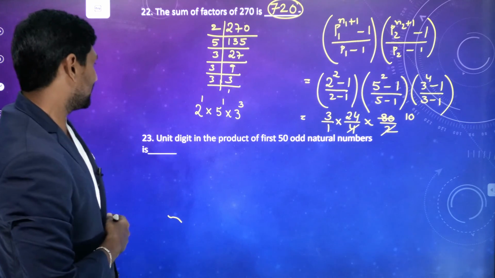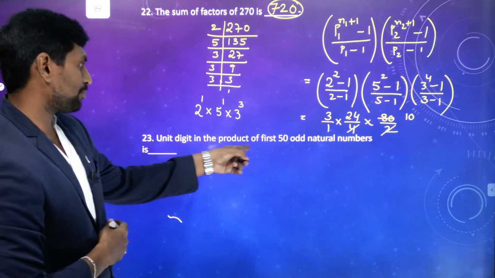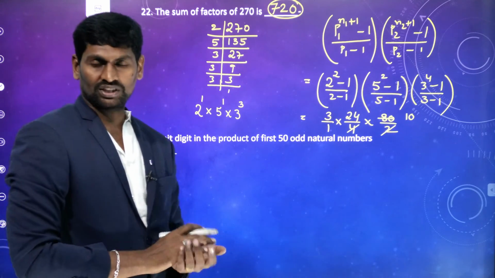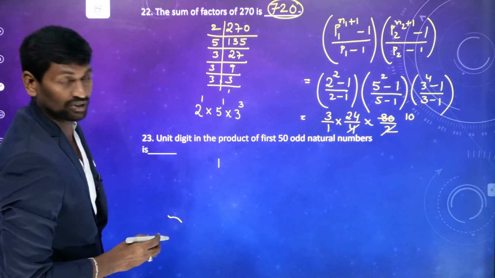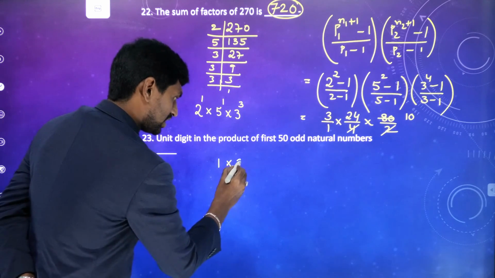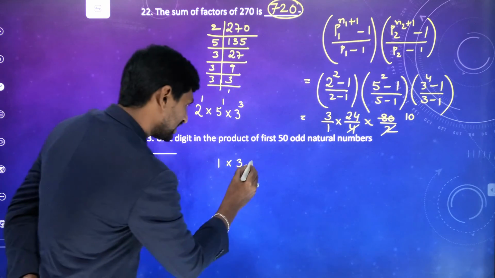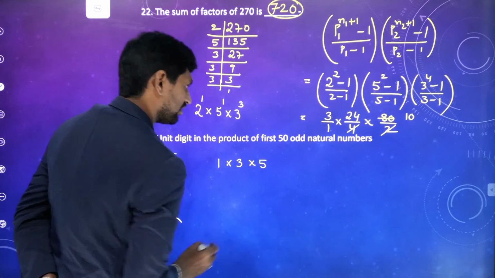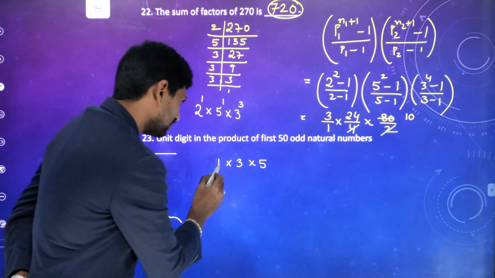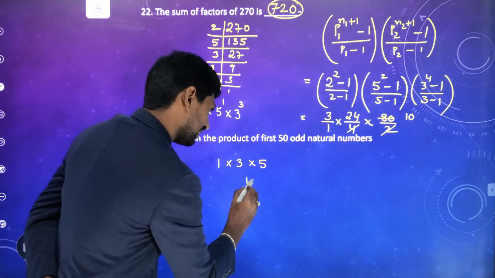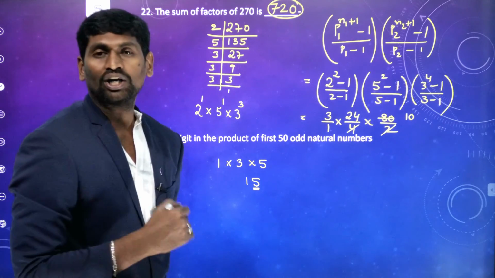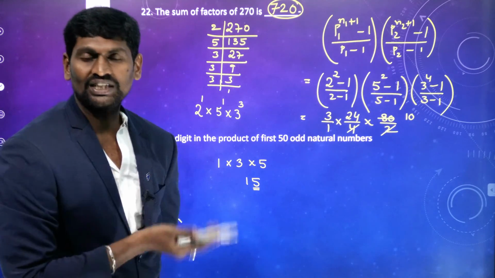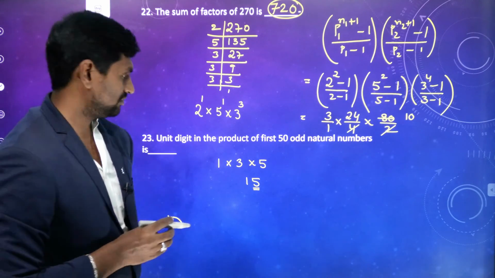Okay, 23. The unit digit in the product of first 50 odd natural numbers. Very easy, children. Let us take the first odd number 1, second odd number 3, third odd number is 5. Up to here is enough. 1 3 are 3, 3 5 is 15. 15 means units place is 5. If you multiply any odd number with 5, it always gives unit digit 5 only.